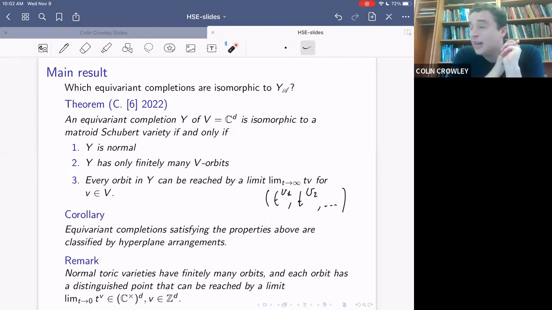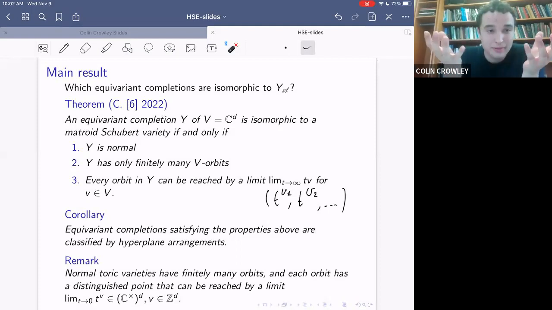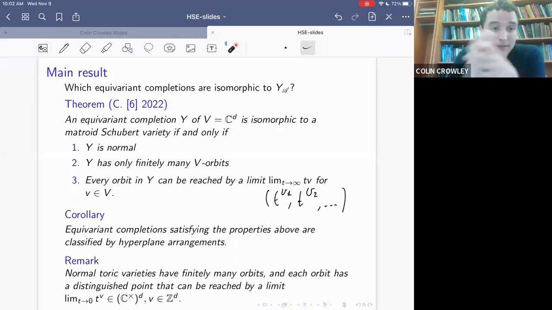So I know that it in fact has rational singularities. That's one. So there are some facts about equivariant completions: the fundamental group is trivial, the Picard group is freely generated by the hyperplanes, and the class group is given by components of the boundary.